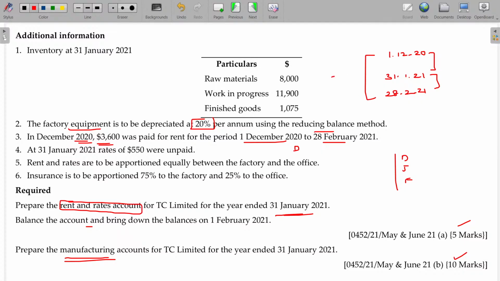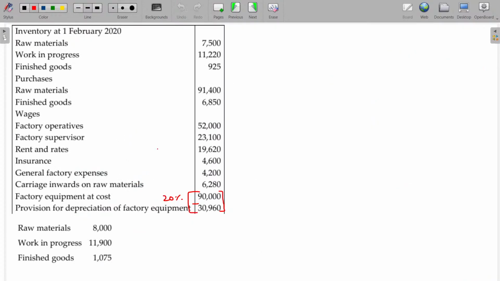For this it is 3,600 and we close the books of accounts on the date. After that date, how many months are there? January and February, 2 months. But January's last date is the closing, so you cannot take that. So only 1 month. Out of 3 months, 1 month value will be in advance. So 1 by 3 of 3,600, 1,200 being the advance related to the rent, advance minus 1,200.